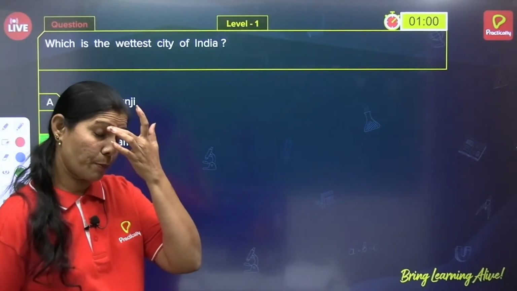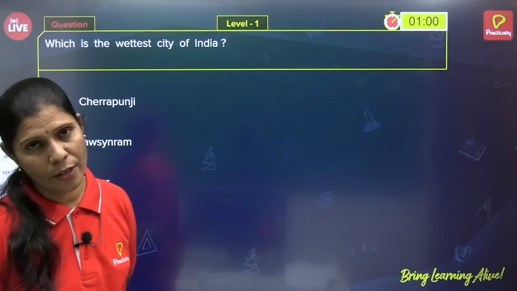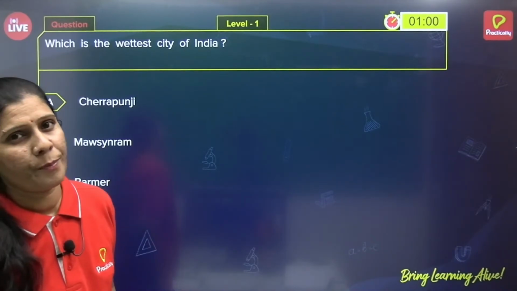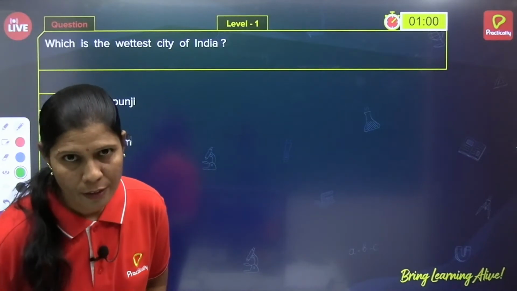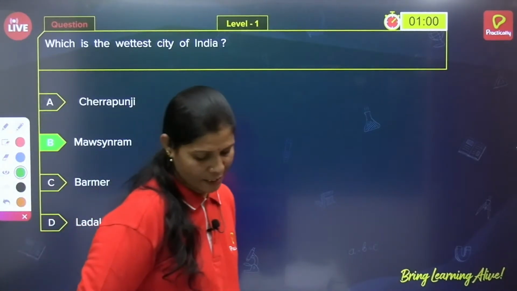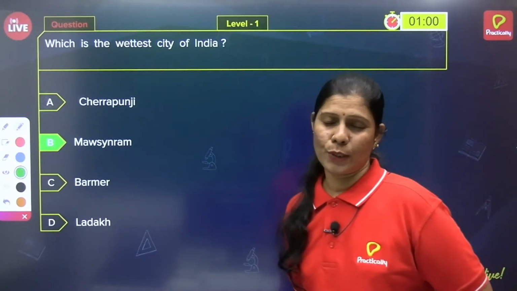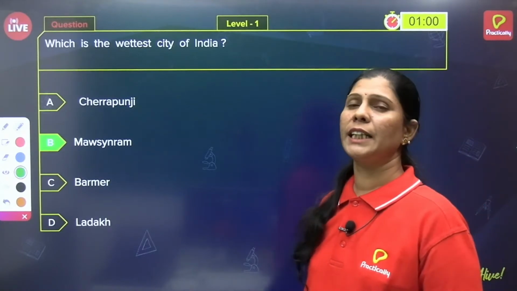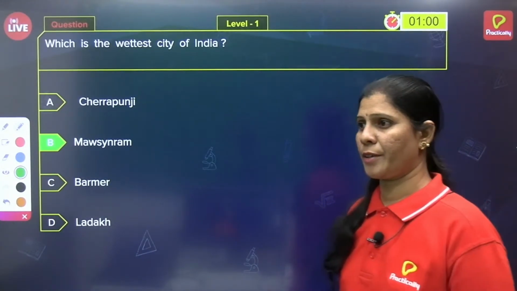Which state recorded the least rainfall? Which place? Leh in Jammu and Kashmir receives the least rainfall. We call it a cold desert also. In Ladakh district, sorry, Ladakh Union Territory.